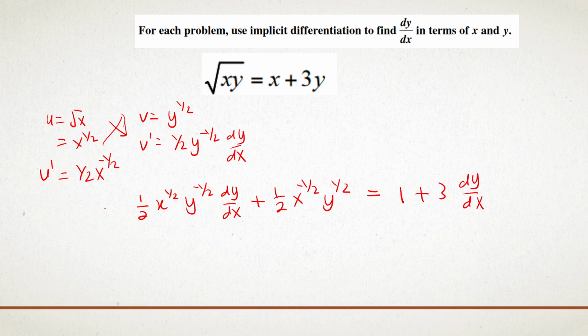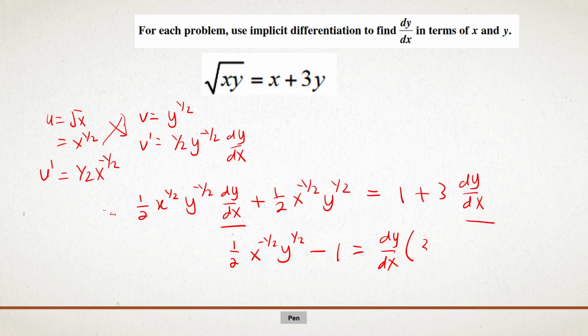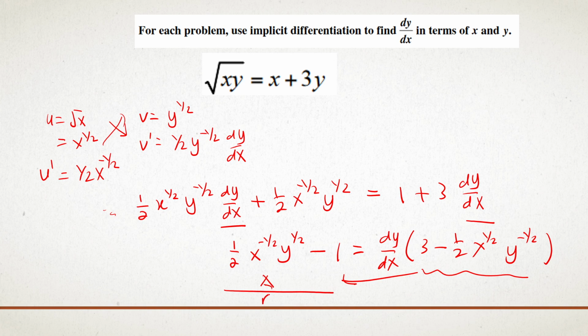So now this dy/dx and this dy/dx, we can rearrange them back. I shift this one to the other side. So dy/dx equals, on top, 1/2 x^(-1/2) y^(1/2), over 3 minus 1/2 x^(1/2) y^(-1/2). And finally, this one shifted to the other side becomes a over b.